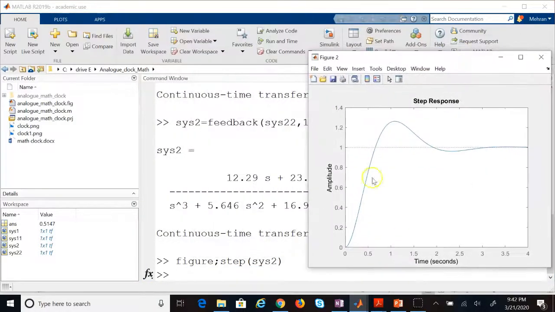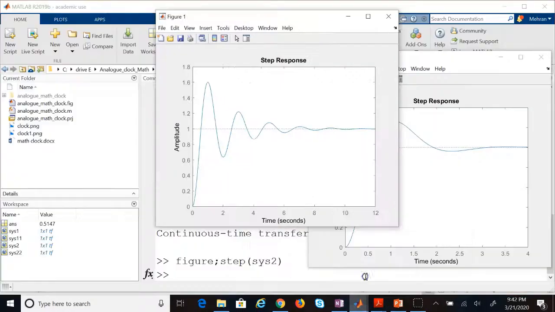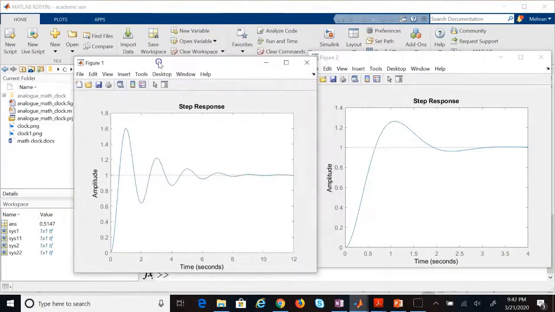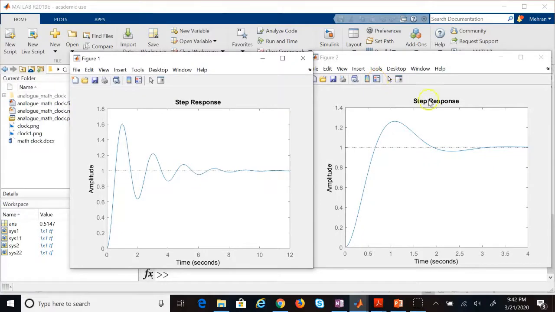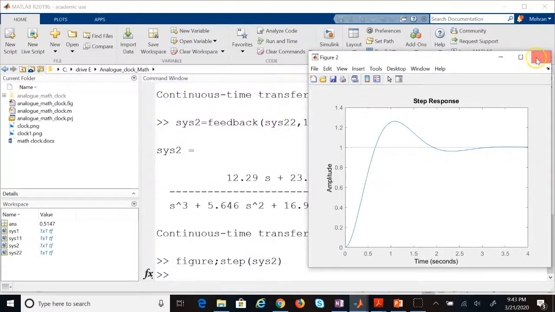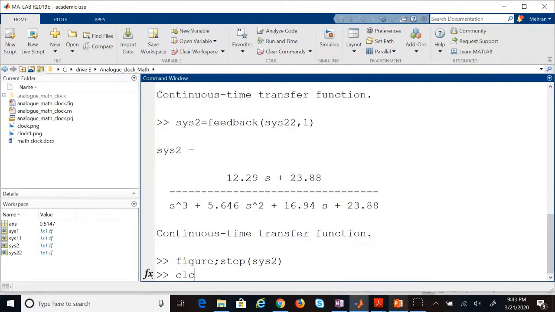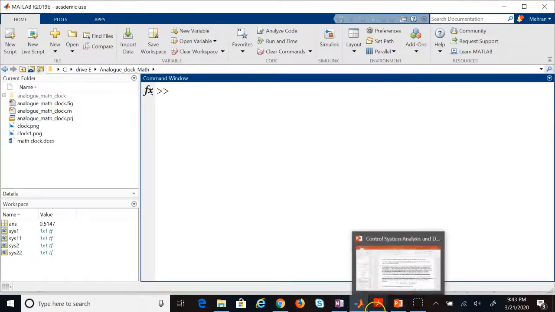So now if you compare them side by side, clearly you can see that the improved system, the one on the right with the compensator, first of all, it is not showing a huge overshoot. So overshoot is much smaller compared to this one, and it is quite faster. In like 4 seconds or so, it is settling down. So that's what you see here, improved response using a lead compensator, right?